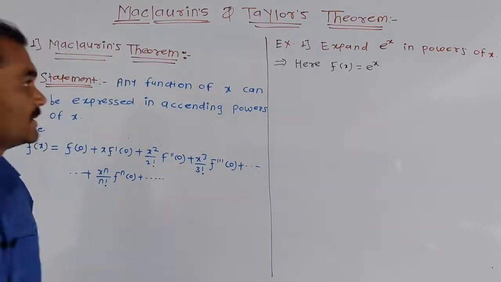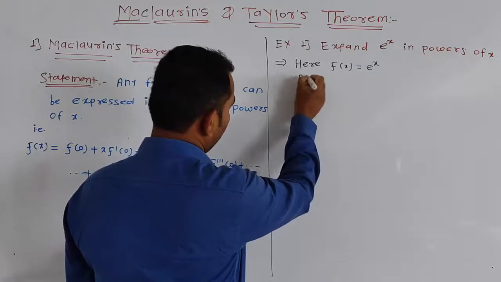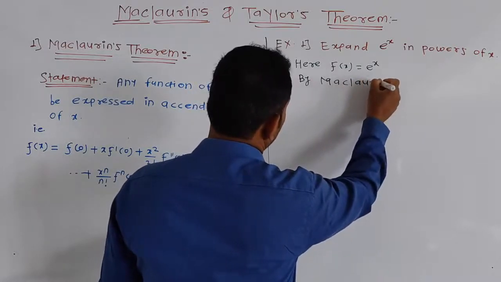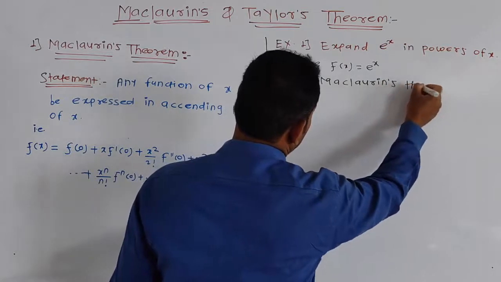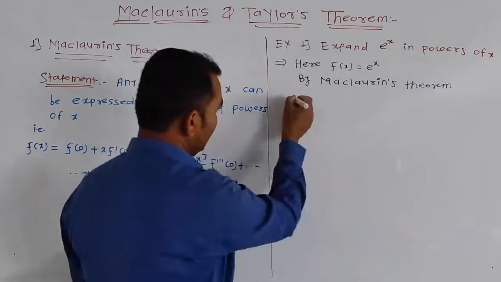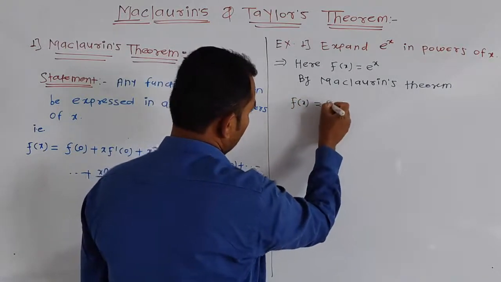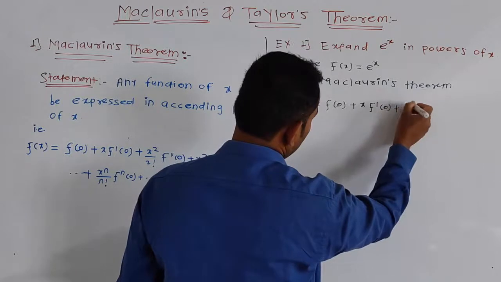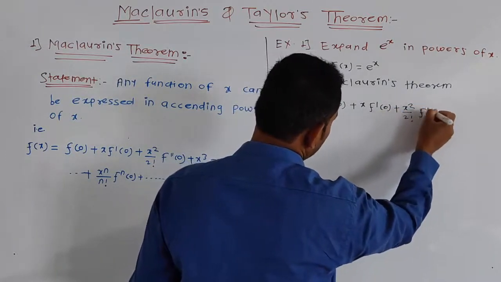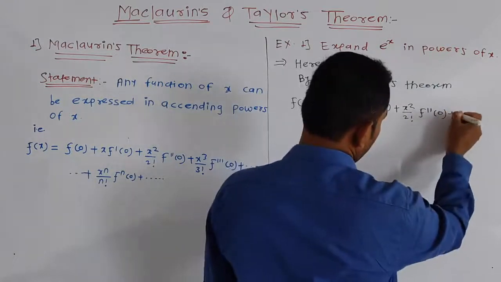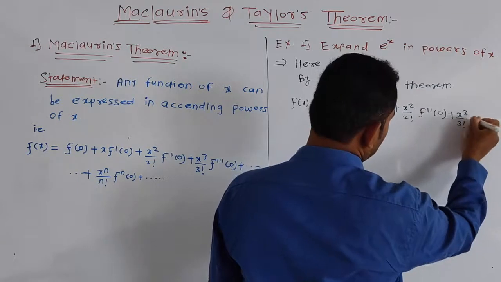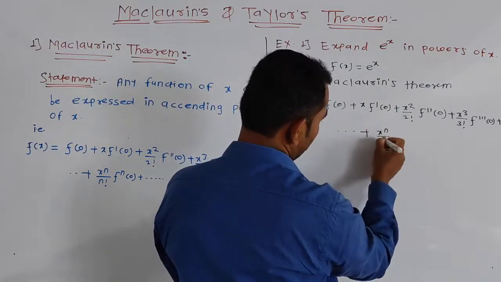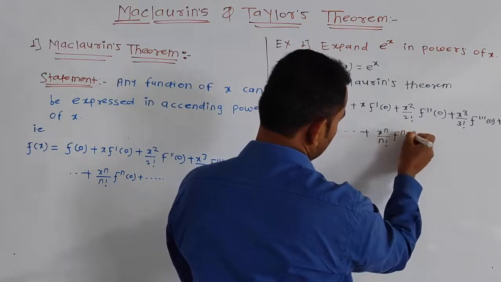By Maclaurin theorem, the statement is f of x is equal to f of 0 plus x into f dash of 0 plus x square divided by 2 factorial f double dash of 0 plus x cube upon 3 factorial into f triple dash of 0 plus dot dot dot x raised to n upon n factorial into f raised to n at 0 plus dot dot dot.